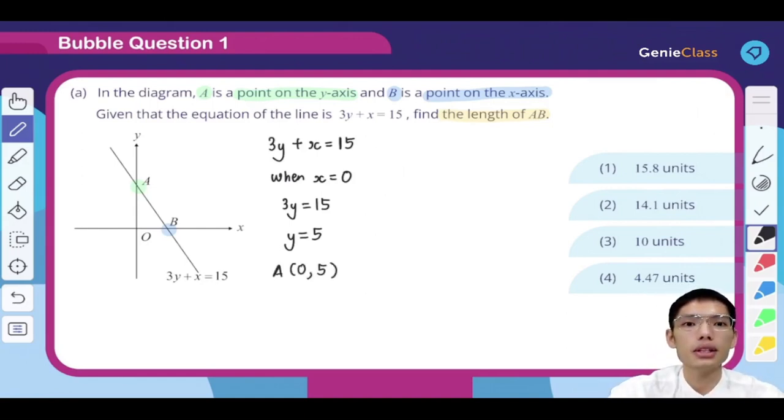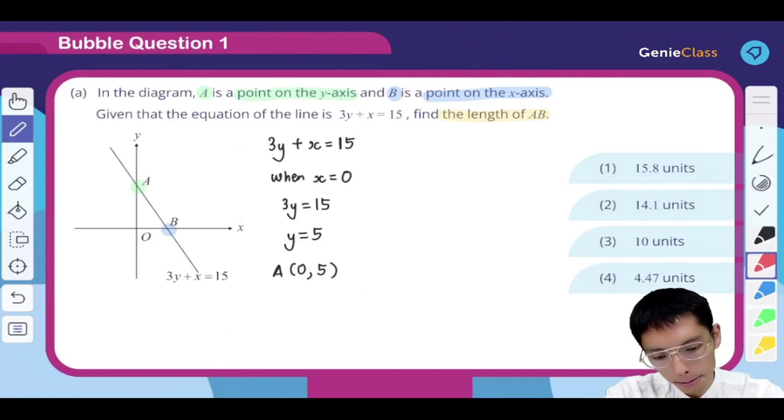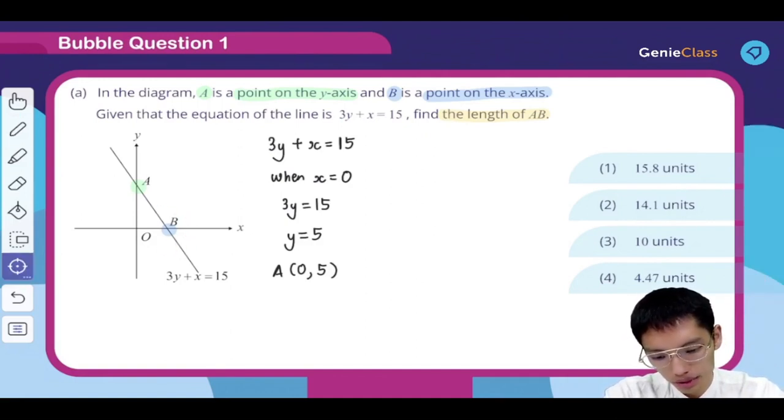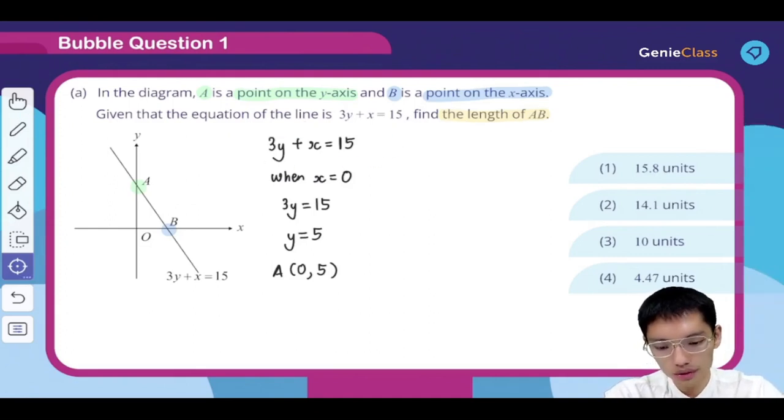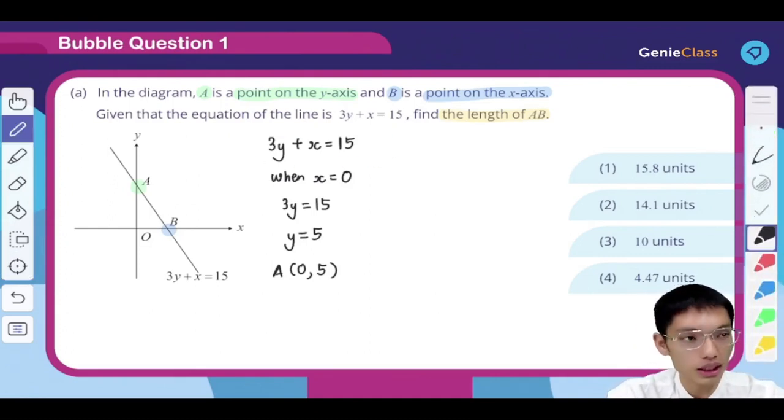Now just a recap, because to find the length AB, I need my coordinates B. So can anybody tell me how to find this coordinate? What should I substitute into this equation? Does anybody want to give it a 5-second write out answer? What is the coordinate I should be writing out?